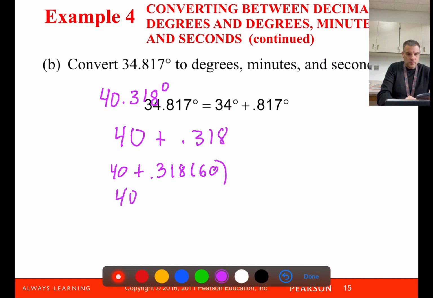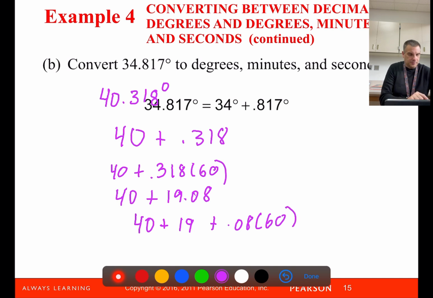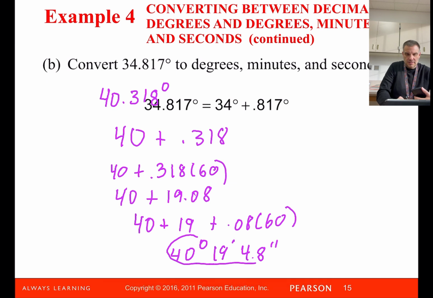So this is 40 plus 19.08. So that gives me 40 plus 19 plus 0.08. We're going to take that 0.08 times 60, and that gives me 4.8. So we've got 40 degrees, 19 minutes, and 4.8 seconds.